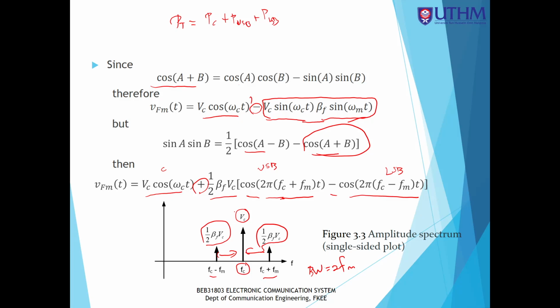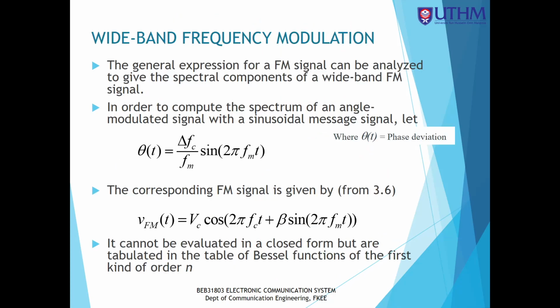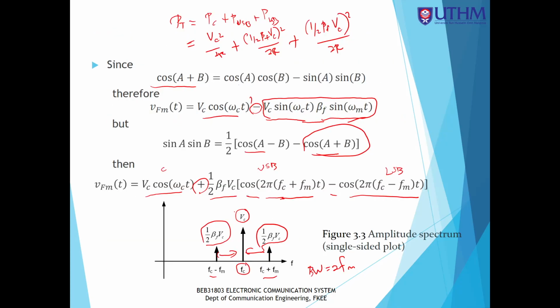Again, this is Vc square over 2R plus 1 over 2 beta F Vc square over 2R plus 1 over 2. Okay, so you can get the total power. So this is for the narrow band. So the narrow band, the bandwidth is 2 Fm.